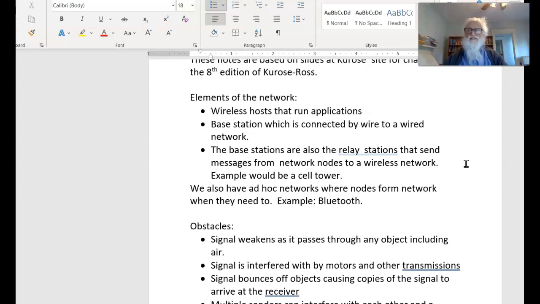The signal is interfered with by other transmissions and by motors. Lots of motors around. The signal bounces off objects, which means that several copies of the signal arrive at the receiver. They don't go straight, they bounce, and the different ones come there.